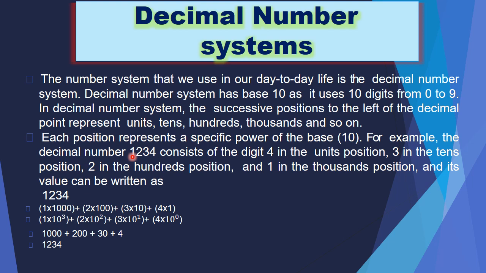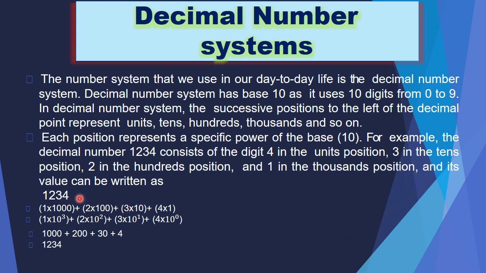So its value can be written in expanded form as: since 1 is in the 1000 position, we multiply 1 by 1000. And then since 2 is in the hundreds position, plus 2 into 100. And then again plus 3 is in the tens position, 3 into 10.